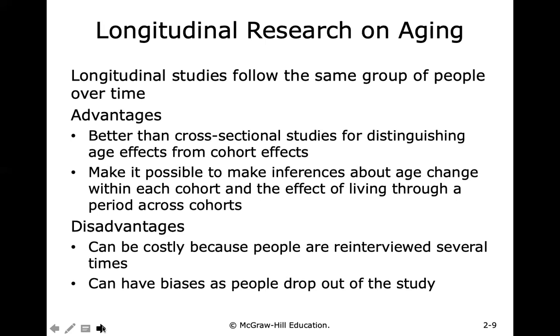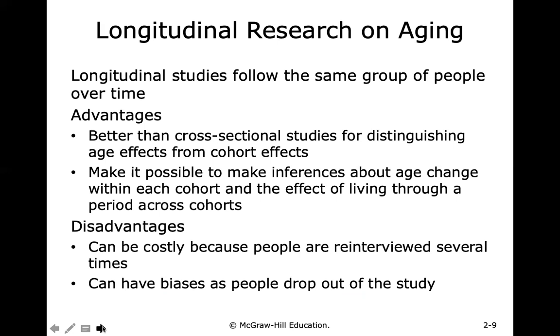But then as they age, right, they are going to reassess that exercise. They're going to have the mindset that my cohort, yes, we believe that exercise is important and what we need to be doing. But then as I grow older, I might not be able to exercise as easily as I did when I was 20 years old when I started this research. So you can distinguish those effects in longitudinal research as opposed to a cross-sectional study.